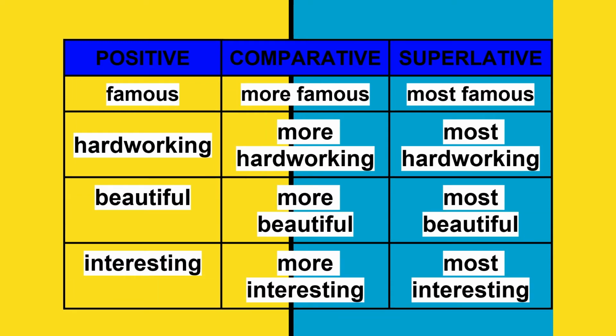Next are the words that we add more. For example, the word famous is positive, comparative is more famous, and superlative is most famous. And the rest of the words are hardworking, more hardworking, most hardworking; beautiful, more beautiful, most beautiful; interesting, more interesting, and most interesting for superlative.